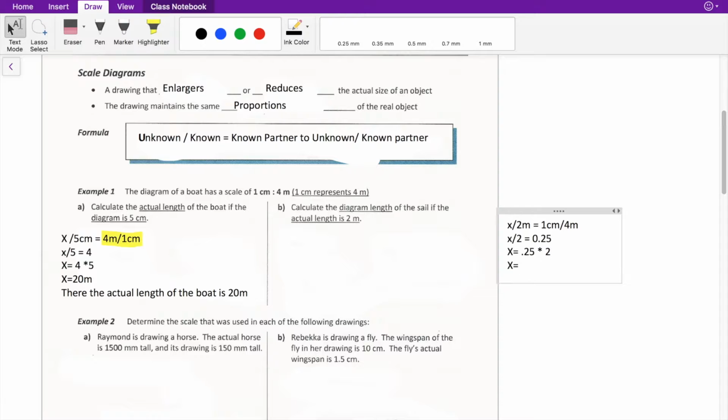So x should equal, something wrong with my math here. Oh, sorry, that's 12. I should say 12 there. That's supposed to say 12 in your note. I might have accidentally erased the 1. Alright, so x over 12, boom. So 0.25 times 12 is 3 meters. 3 centimeters, sorry.